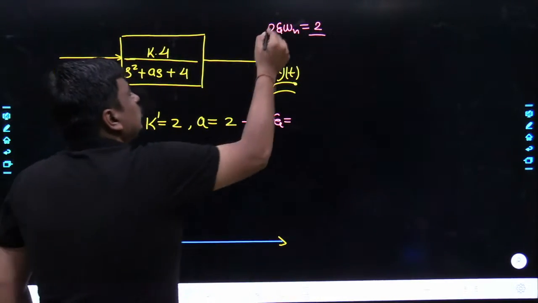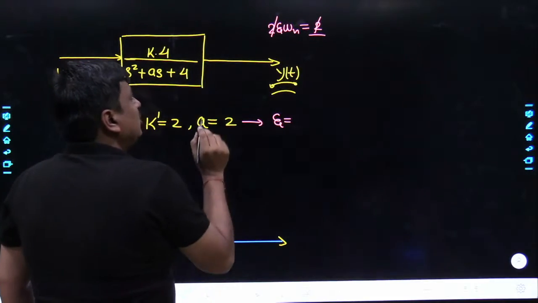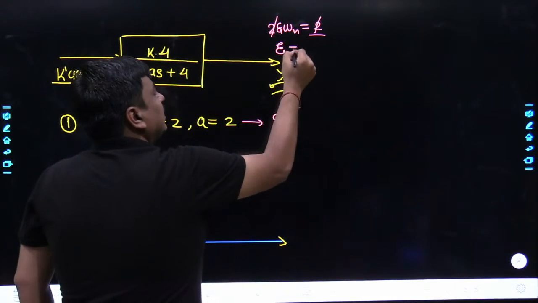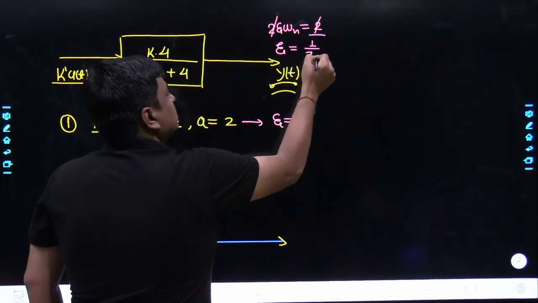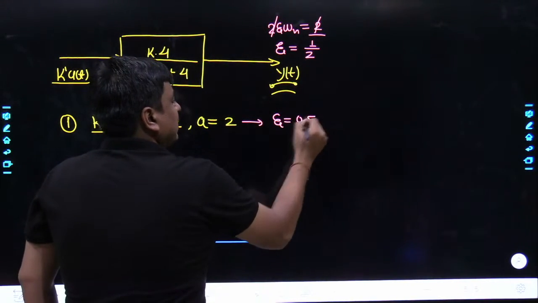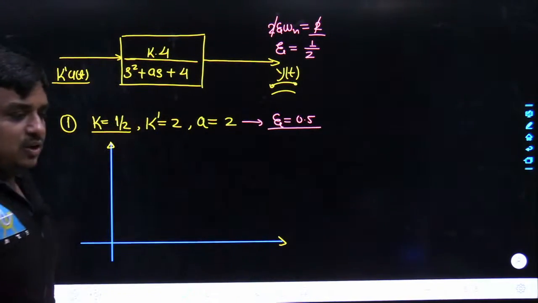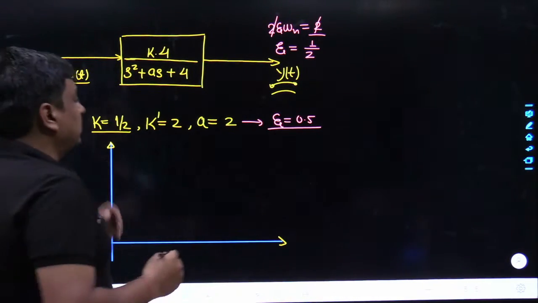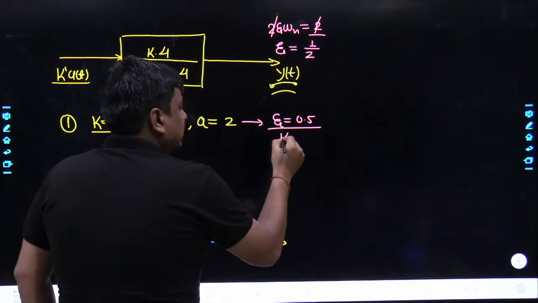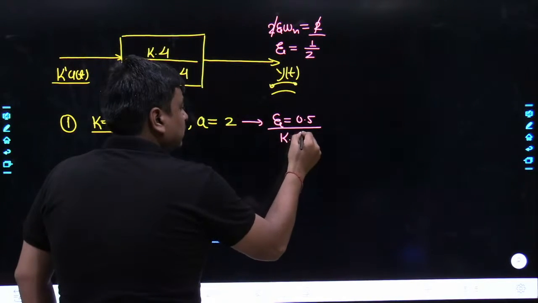The 2 and 2 go off. The value of zeta can be easily calculated as 1 divided by omega n, which is 2. That means the value of zeta would remain 0.5.